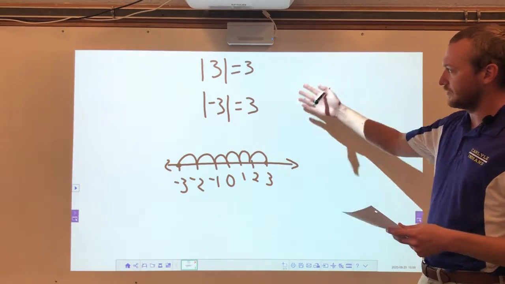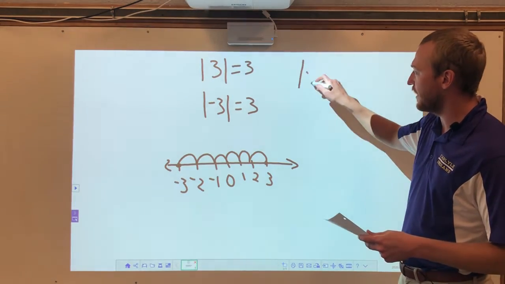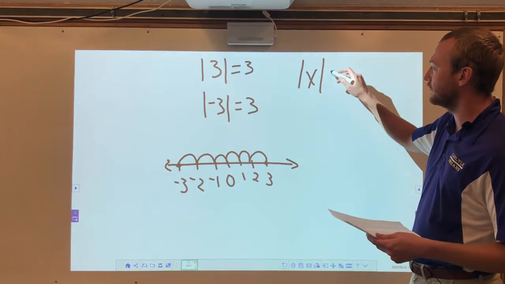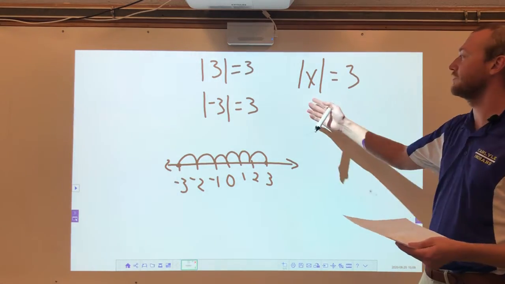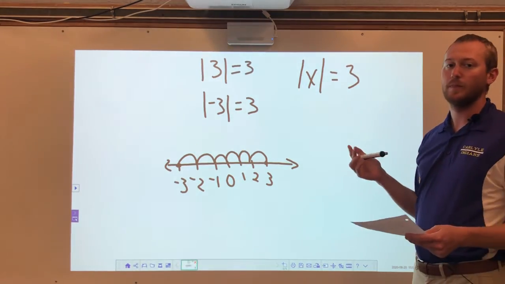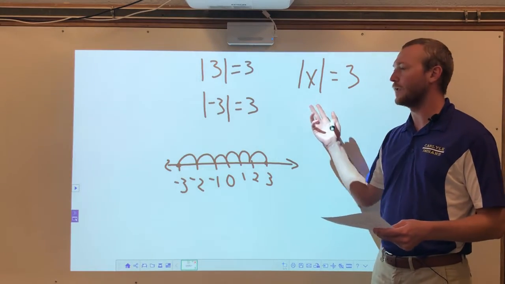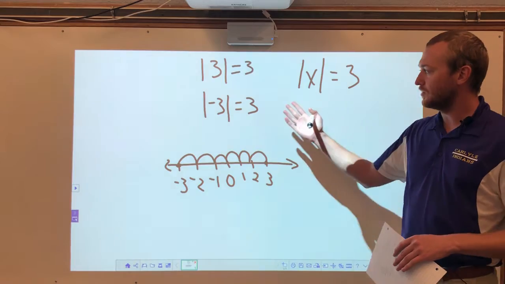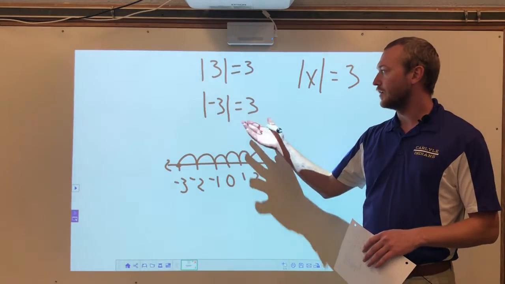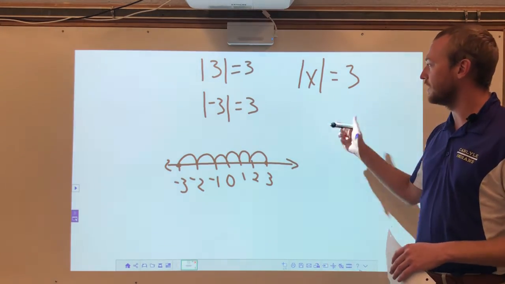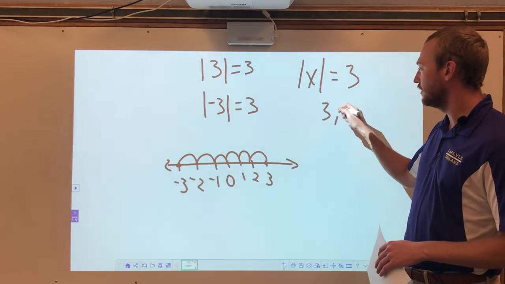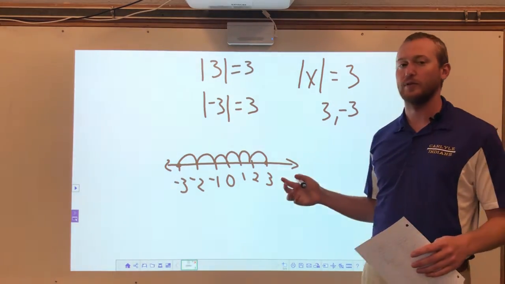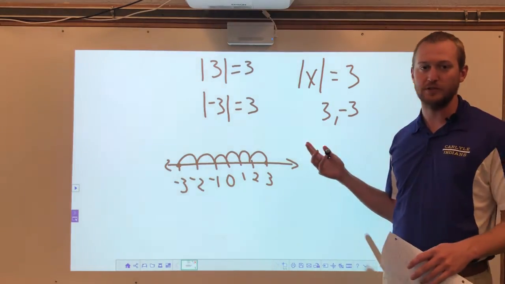So to continue with this, if I say the absolute value of some number x is 3, what would x equal? We can use what we have right over here. This means that x could be 3 or negative 3. There are 2 answers in this situation.